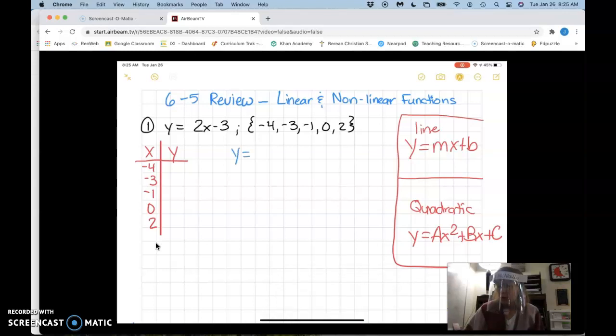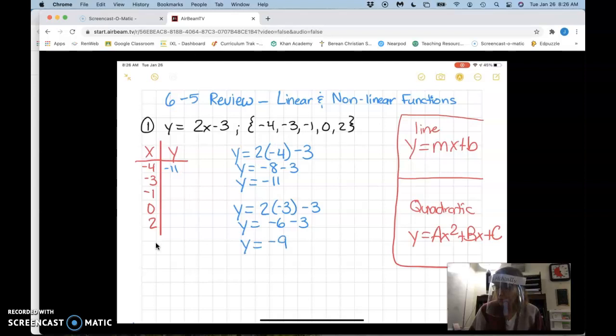So y equals 2 times, just take your first value, -4, minus 3. That would be -8 minus 3. -8 minus 3 is going to be -11. So go to the next one. I'm going to plug in my -3 this time. So multiplying first. Now I'm subtracting. And I got -9 for that one. So I see a little bit of a pattern.